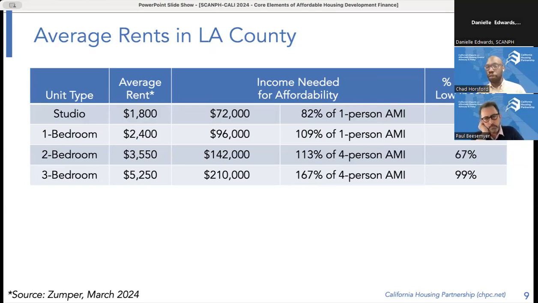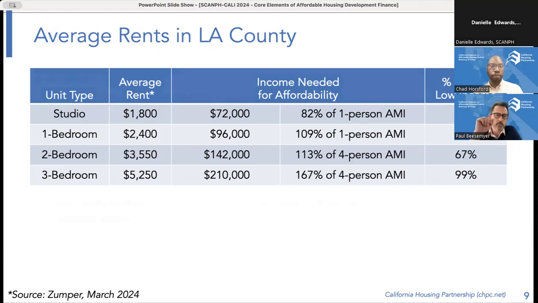be affordable to you. And if you look at very low income households in particular, essentially you have to take all of the income you earn in order to just pay rent on the average 3-bedroom unit. So for very low income households looking to have 3 bedrooms who have larger families, it becomes very hard to afford the average large unit in LA County.